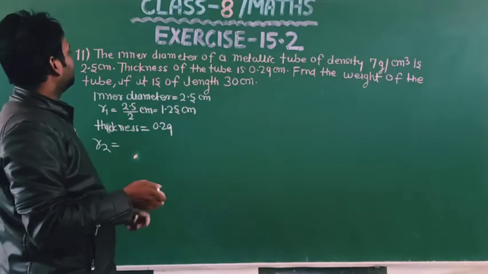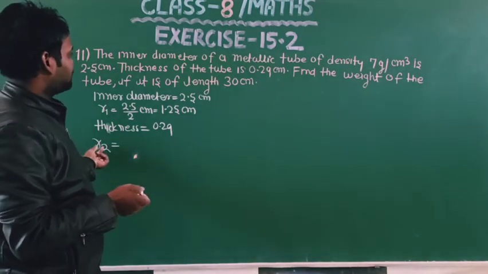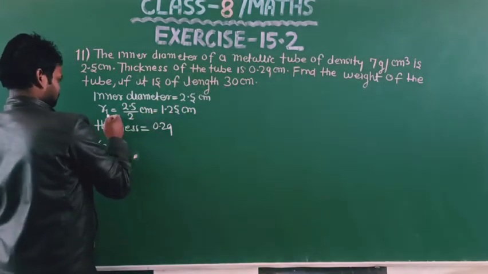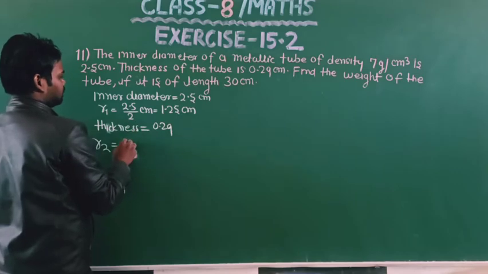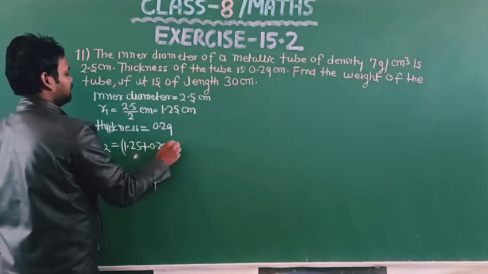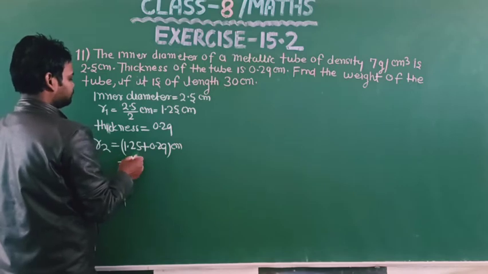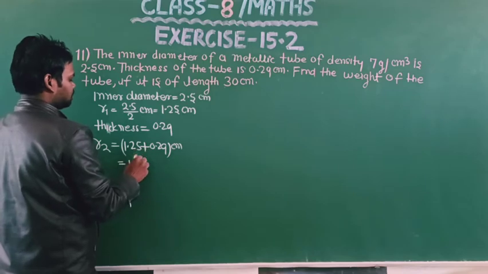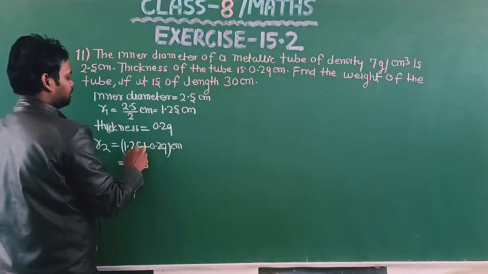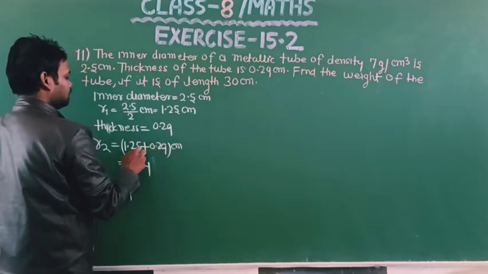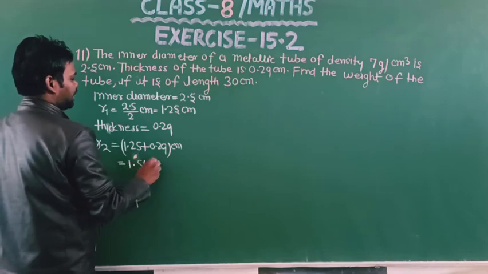Therefore the outer radius of the metallic tube equal to inner radius plus thickness. So inner radius is 1.25 plus 0.29 centimeter, which would be equal to 1.54 centimeter.